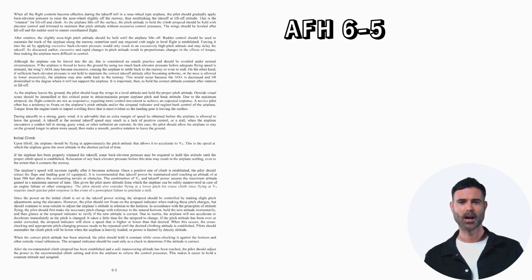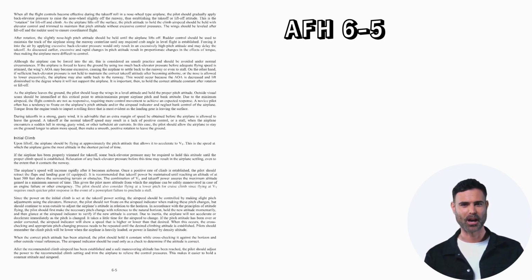It takes a little time for the airspeed to change. If the pitch attitude has been over or under corrected, the airspeed indicator will show a speed that is higher or lower than that desired. When this occurs, the cross-checking and appropriate pitch-changing process needs to be repeated until the desired climbing attitude is established.